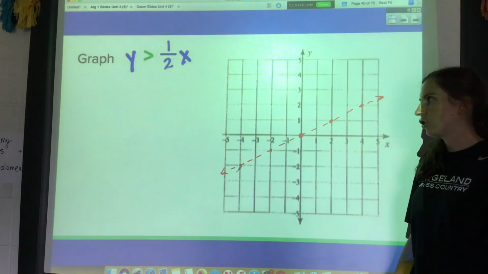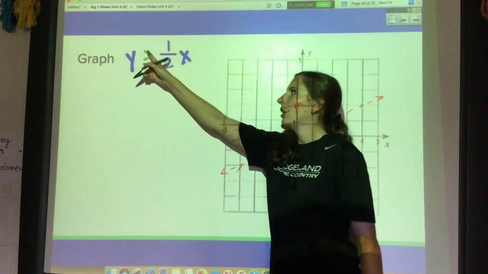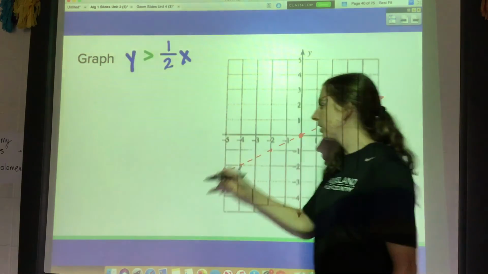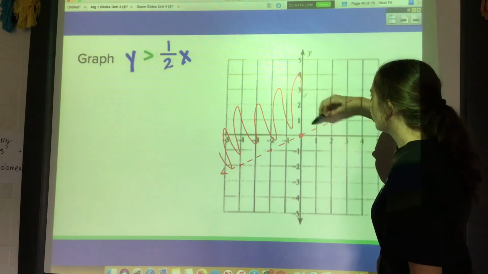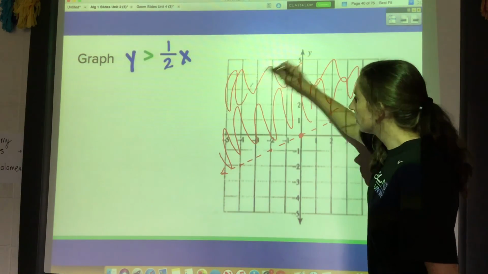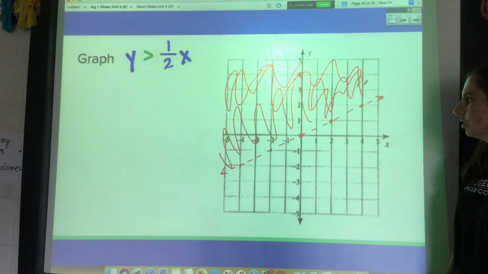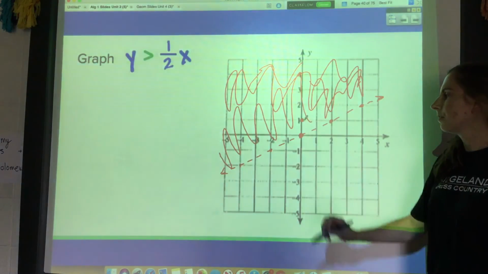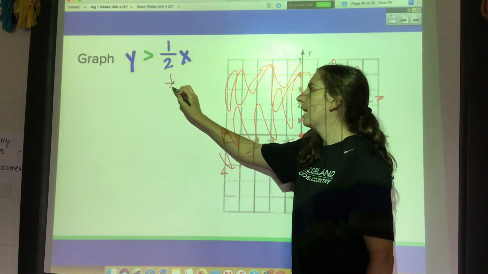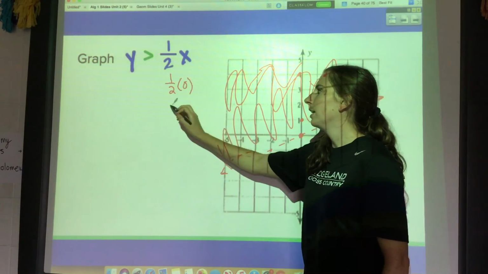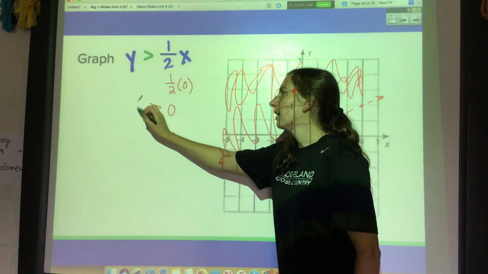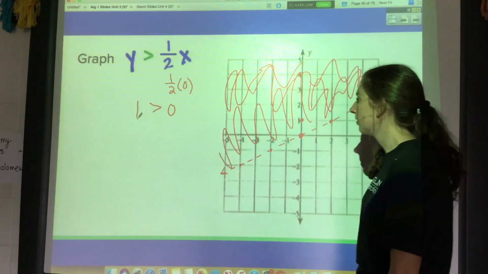And which way do I shade? Well, this is a greater than, so I'm going to shade above the line. Everything in this region solves that inequality. For example, (0, 1). 1/2 times 0 is 0. Is 1 greater than that? Yes.